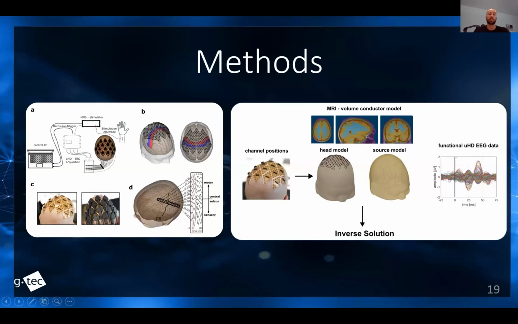In this figure, you can see how it looked like. So the setup in the left figure A shows how we did the median nerve stimulation and recorded centrally these 256 channels. And in D, you can see here this phase inversion of when doing the median nerve stimulation from the sensory to the motor area, post and pre-central to this ventral sulcus.